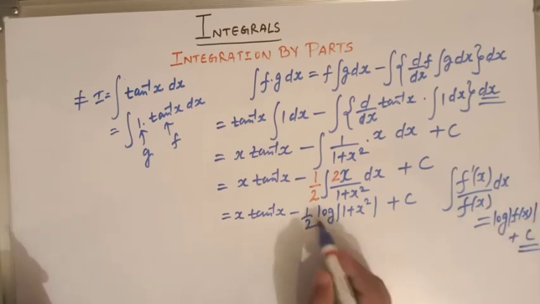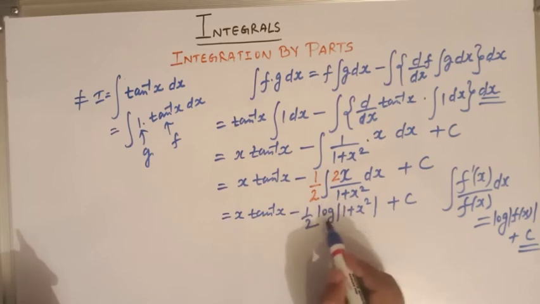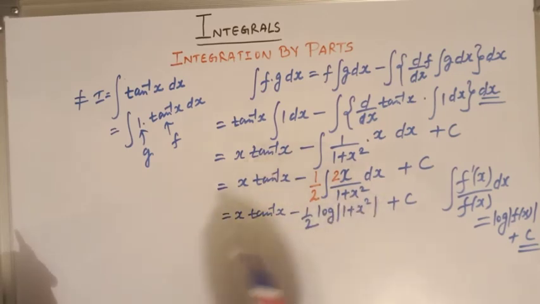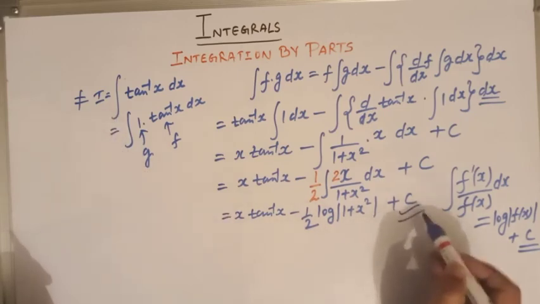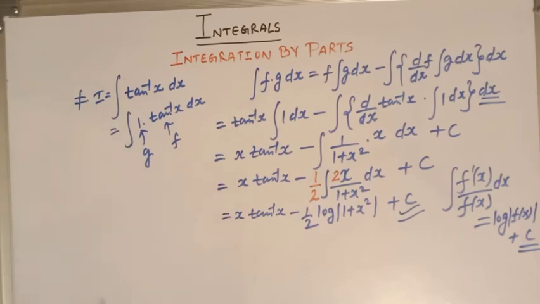Clear? So the integral of 2x divided by 1 plus x square is log of 1 plus x square. Clear? So this is the integral of tan inverse x. Clear?